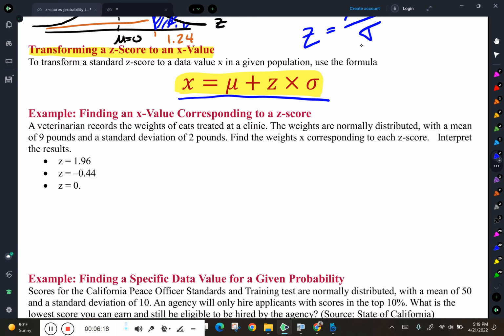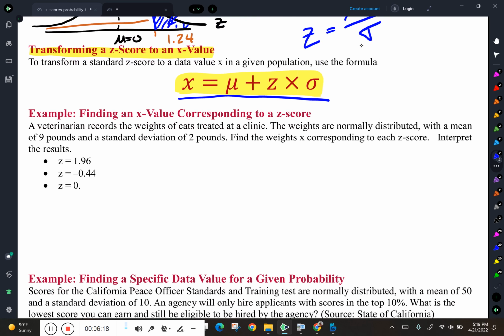The x would be the mean plus the z times the standard deviation. 9 plus 1.96 times 2 is 12.92 pounds, roughly 13. So a z-score of 1.96 means a weight of roughly 13 pounds, that's a big cat.